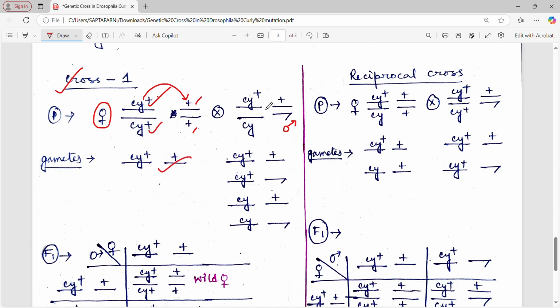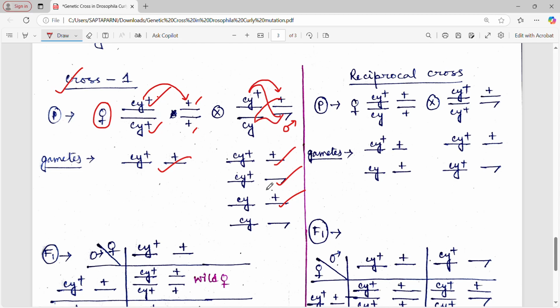And from the male we can get four types of gametes. One is Cy plus and X chromosome. Another is Cy plus and Y chromosome. Then one is Cy and X chromosome. Then Cy and Y chromosome.